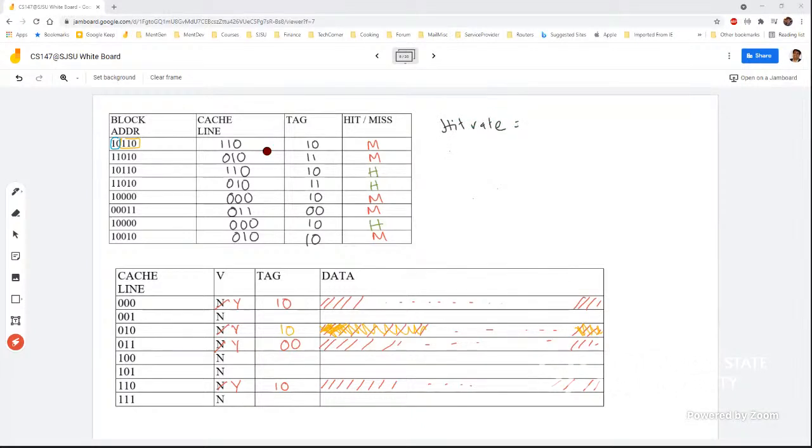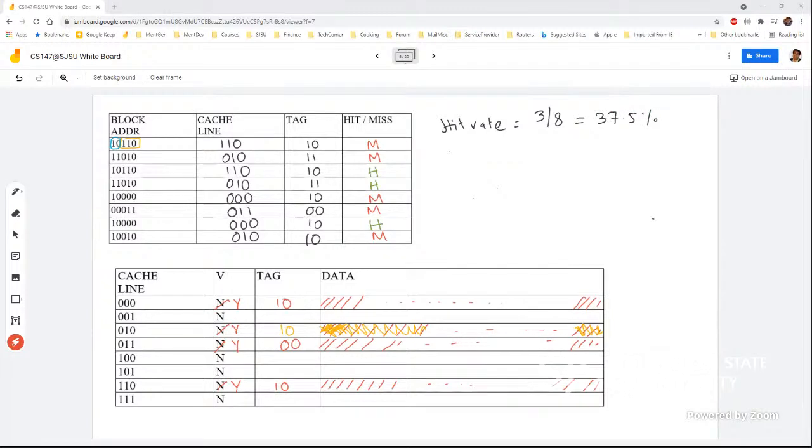There are how many accesses? 1, 2, 3, 4, 5, 6, 7, 8 accesses, and out of them 5 are misses and 3 are hits. So 3 out of 8, which is very low at this point, is almost 37.5%. That's the hit rate.